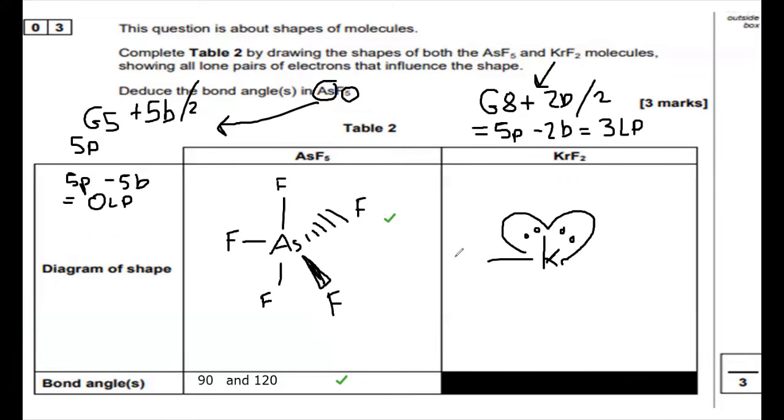We're going to go with a fluorine atom here, a fluorine atom here, and then 1 more lone pair down here. I mean, it doesn't matter if I put the 1 lone pair below and the 2 above, or the 2 below and the 1 above. That's it. And that will get you your 3rd mark. So congratulations. Let's move on.